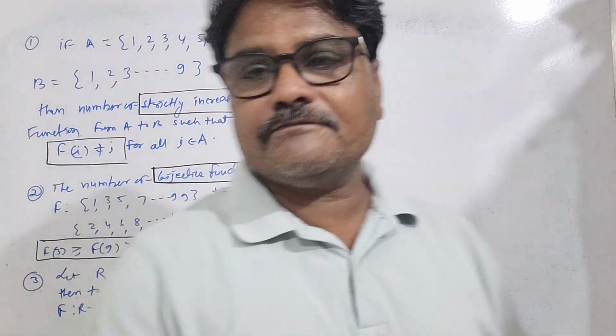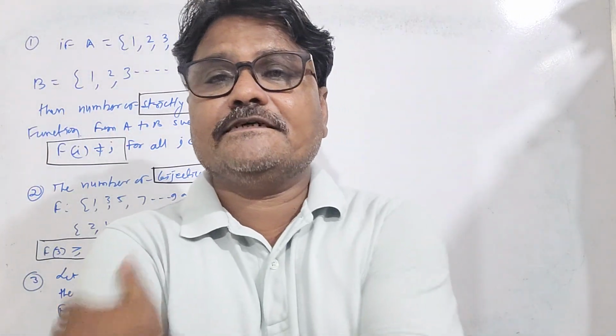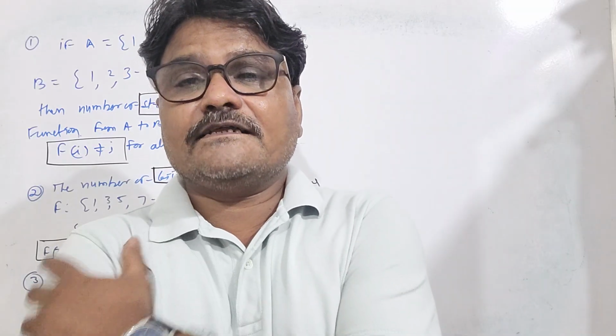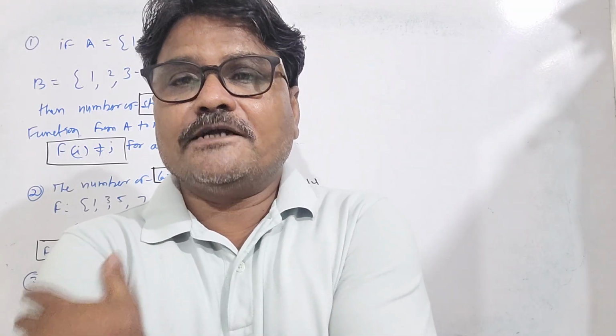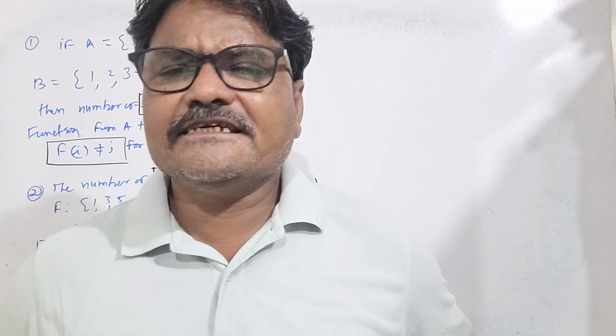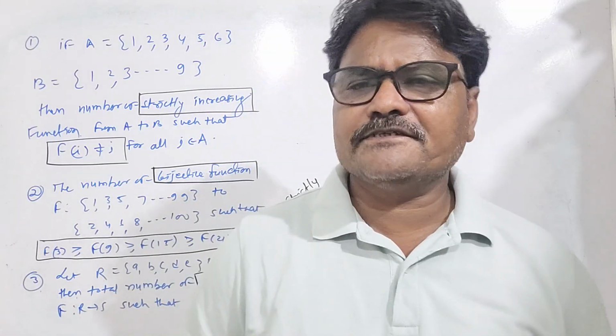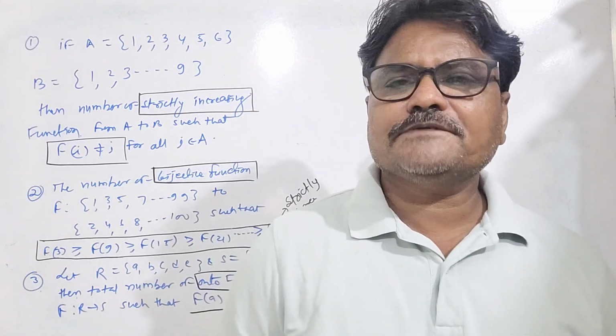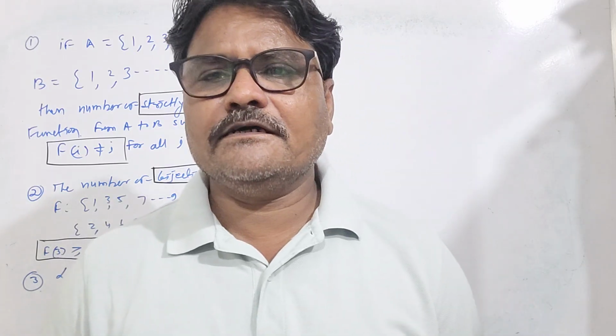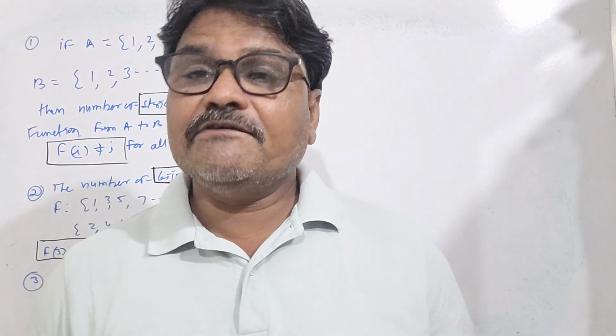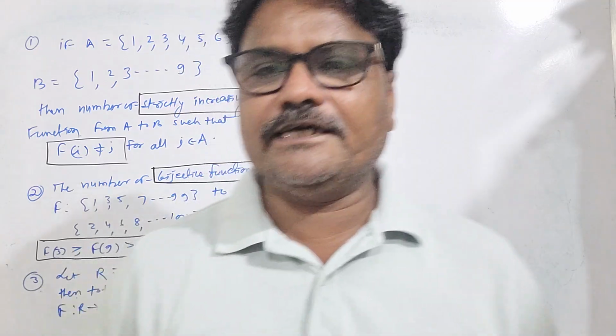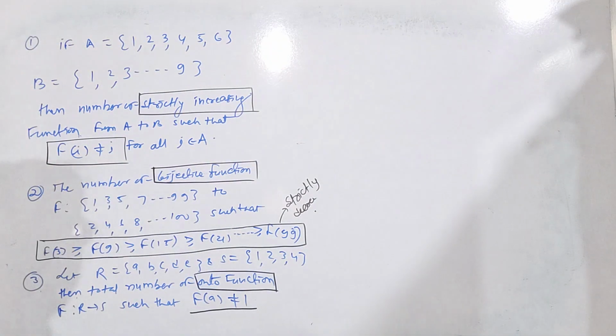One is for strictly increasing, one is for strictly decreasing, another one is the number of onto functions. Strictly increasing and strictly decreasing means we have to find one-one functions, but with certain restrictions. And onto functions means we use the concept of divide and distribution, but with certain restrictions as well. Okay, fine.